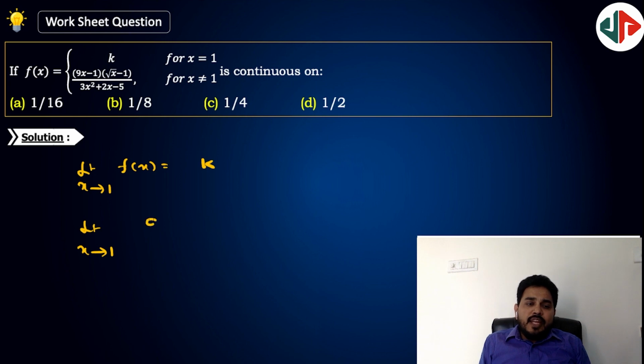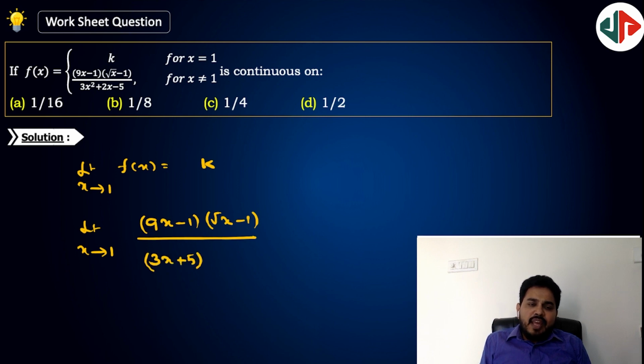So what I'll do is write 9x minus 1 into root x minus 1, the whole divided by this value, which I can write as 3x plus 5 into x minus 1.